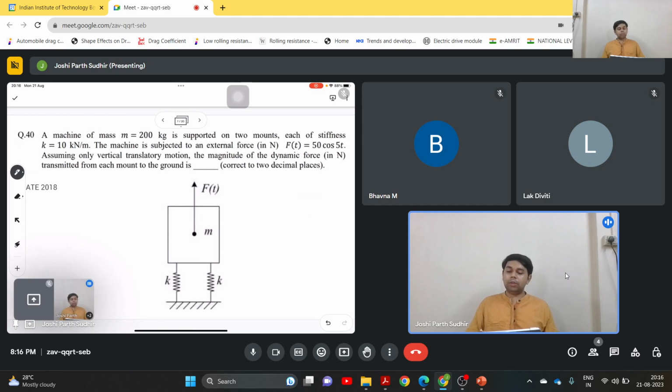We assume that there is only vertical translatory motion. We have to find out the magnitude of the dynamic force transmitted from each mount to the ground.